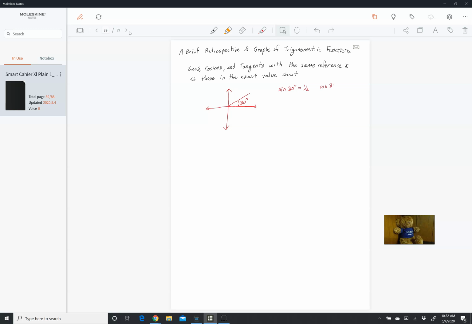Cosine of 30 is square root of 3/2. And the tangent of 30 is 1 over the square root of 3, but if we rationalize the denominator, that gives us square root of 3/3.